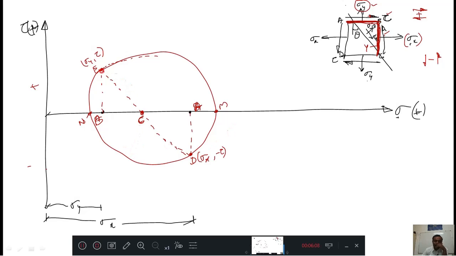One more very important thing. Before that, I want to name this line. What is this line called?